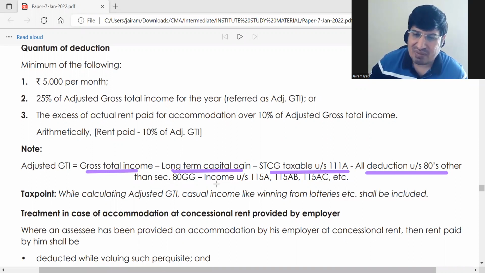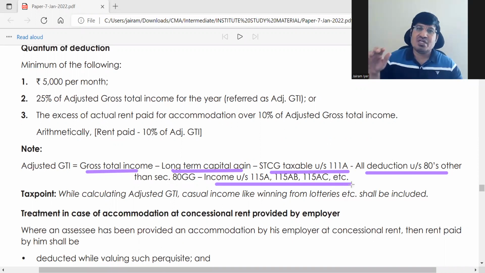And this is income under Section 115A, AB, AC. As I said, this is in the nature of some non-residents' income or certain foreign companies' income. So for you this is not very important. Just remember this much, because details of these sections are not there for you. Just remember the 115 series, 115A, AB, AC.